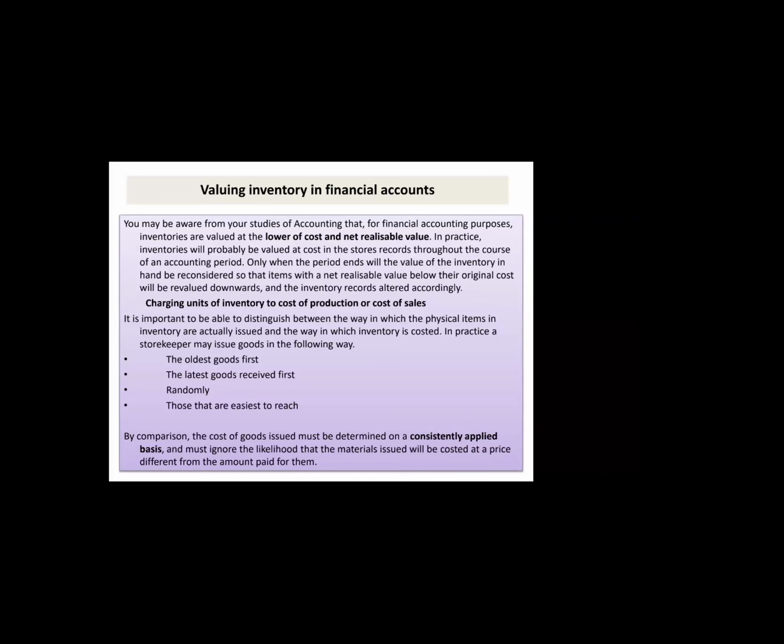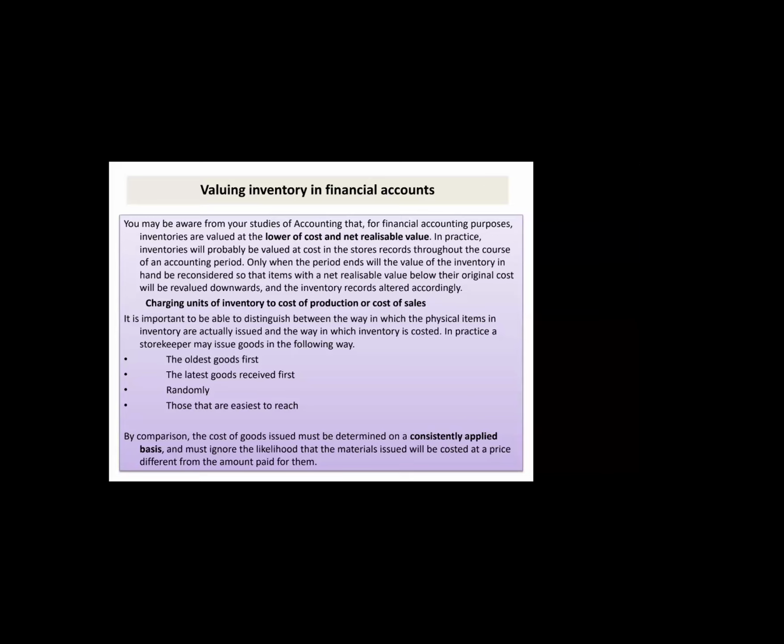Whatever we have in hand at the end of the financial year of the company is called inventory. So not only finished goods, not only raw material, not only work in progress, all the products in the hand of the company at the end of its financial year are called inventory.